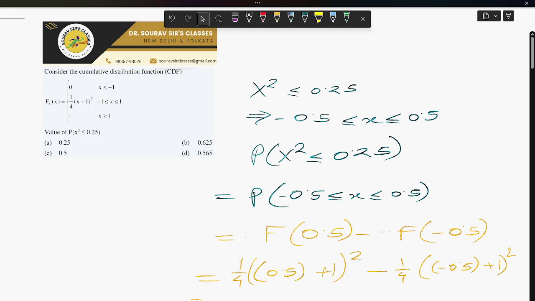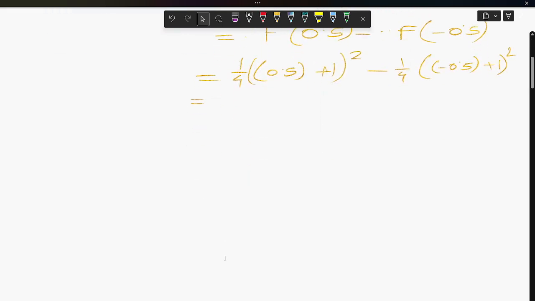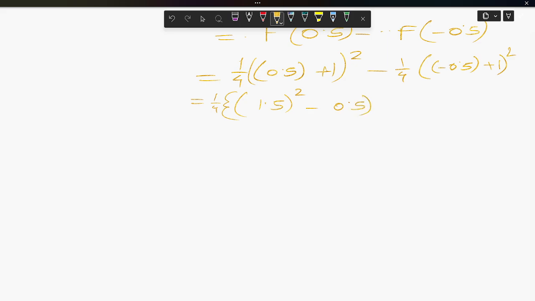So that will be 1 by 4 upon, that is (1.5) whole square minus (0.5) whole square.